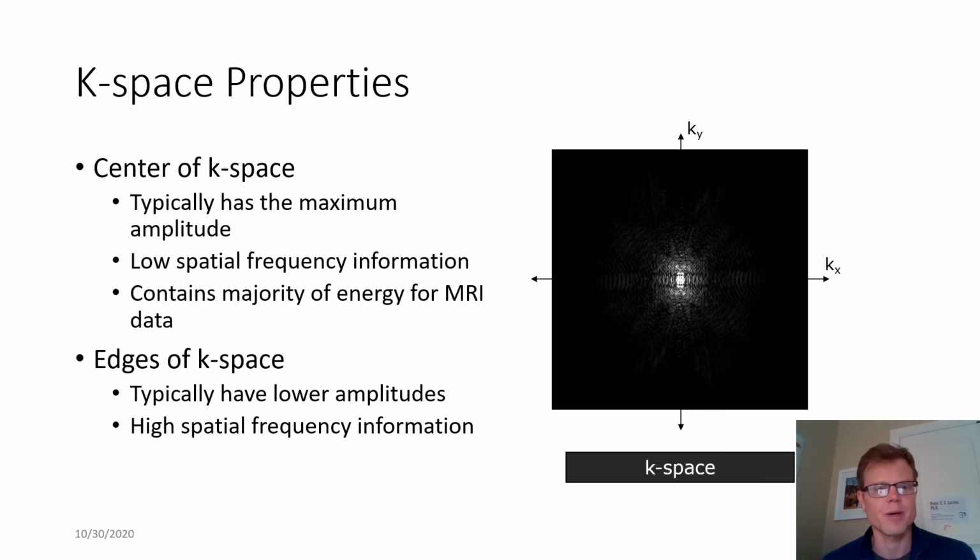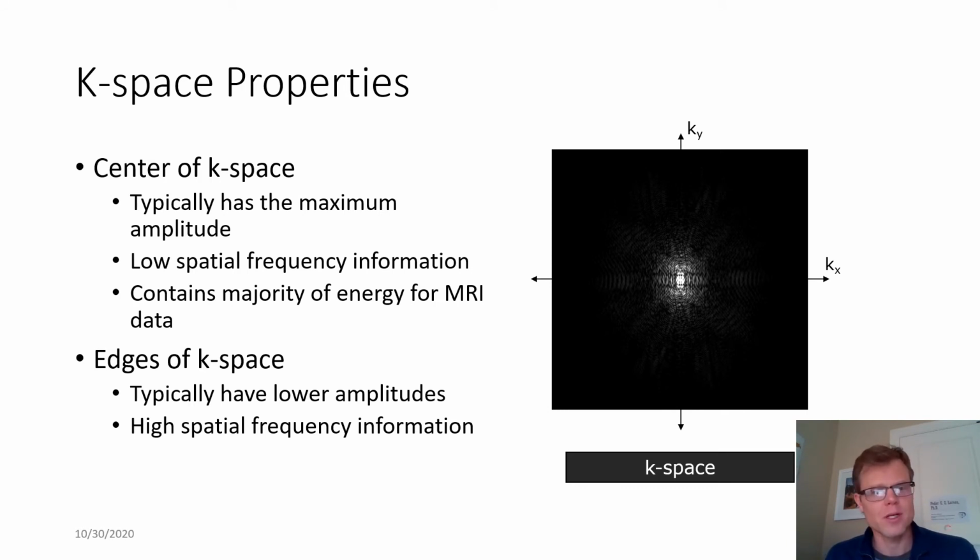Okay, so I want to talk here about a few properties of K-space that, again, I think will help to illustrate what this data is and what information we're getting during our data acquisition as we traverse K-space due to our gradients.